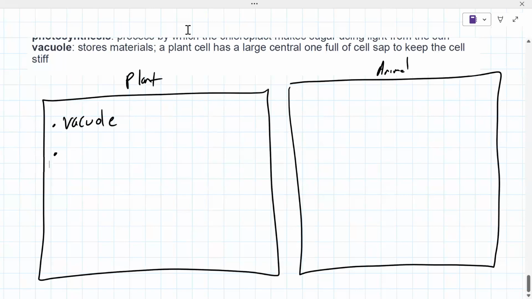Can you look at the sheet there and find another word that goes with plant? Just plant. A plant cell. That's not one of the bolded words. Like for example, chlorophyll. Chlorophyll is only for plants.